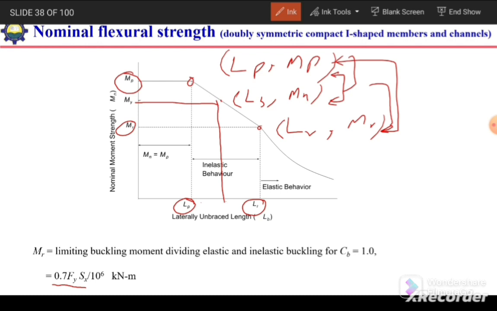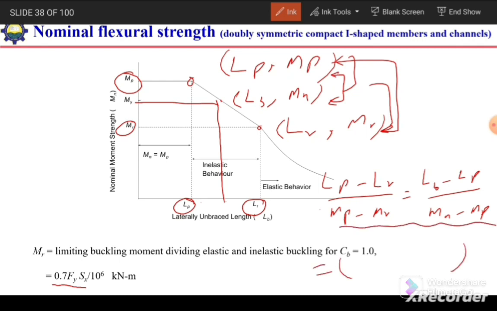So we can write that (L_p minus L_r) divided by (M_p minus M_r) is equal to (L_b minus L_p) over (M_n minus M_p). After simplifying this expression, we will get the equation for the inelastic behavior, the nominal capacity for the inelastic behavior that we have seen in the previous slide. So by simplifying this expression, we can get the M_n value.